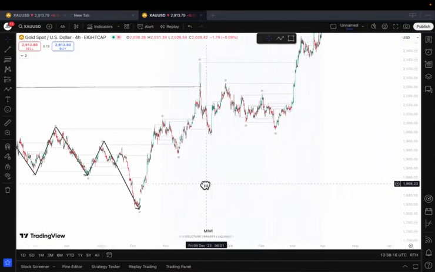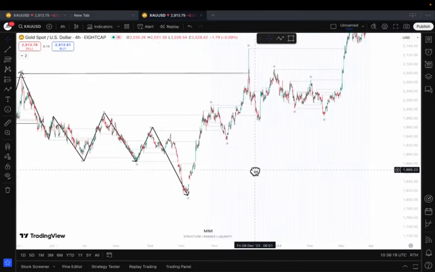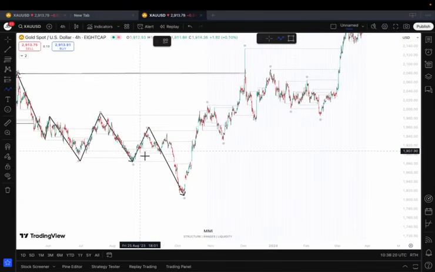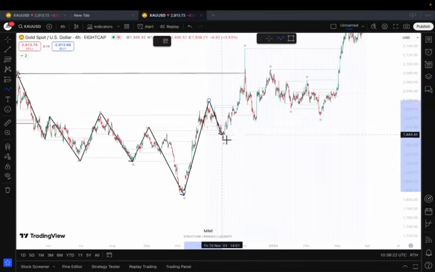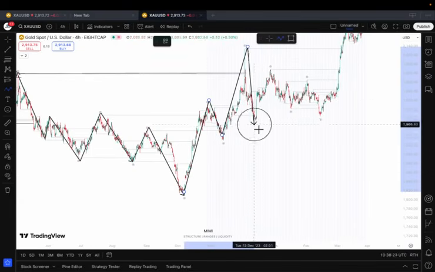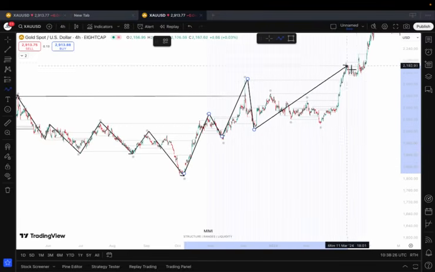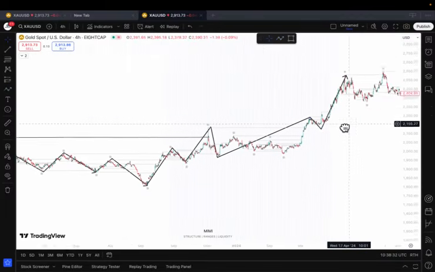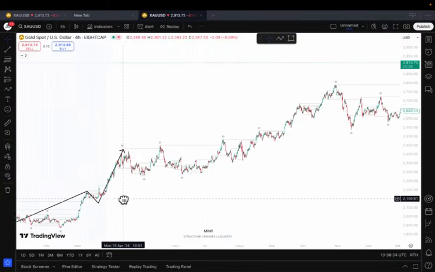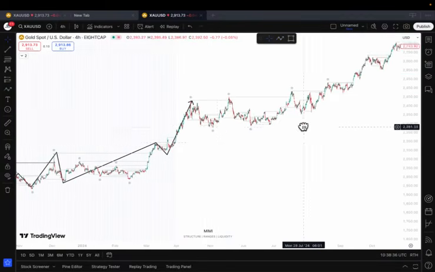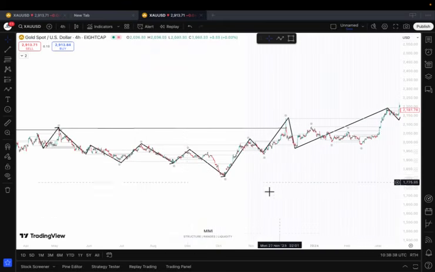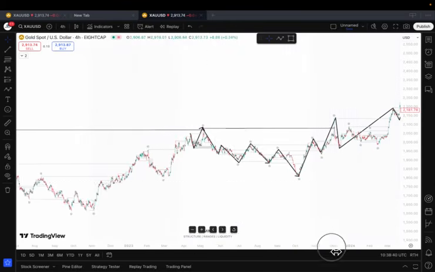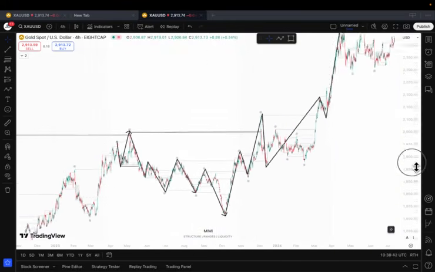All this low needs to do is create three externals. 1, 2, and 3. It even created more.